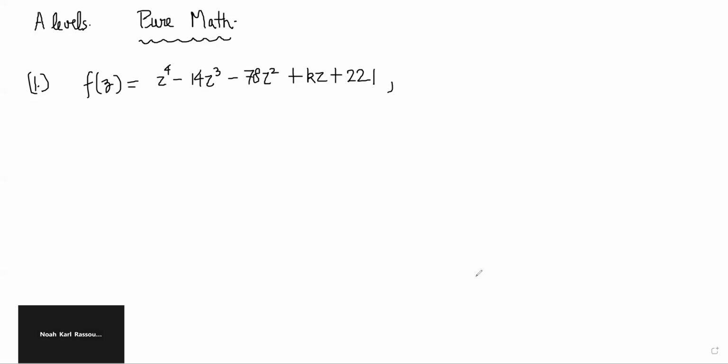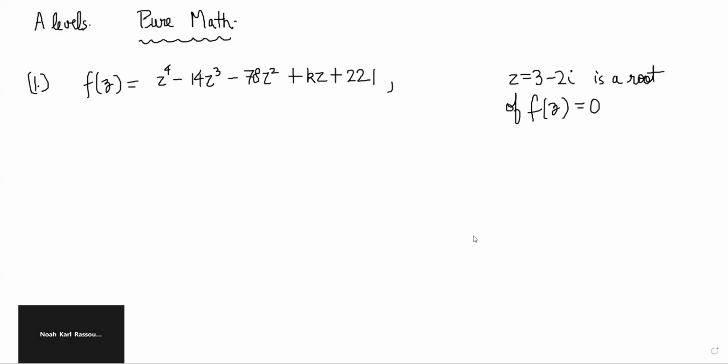Now they have told us that z is equal to 3 minus 2i is a root of f of z equals 0.